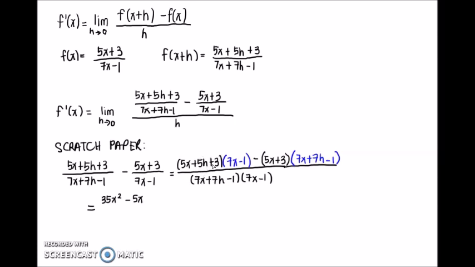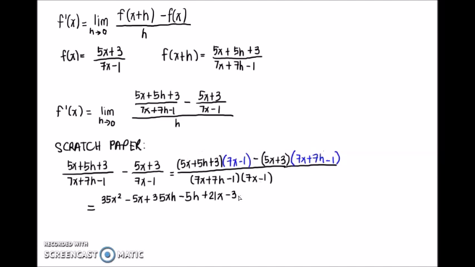So, 5h times 7x, that will give us 35xh. And then, 5h times negative 1, it will give us negative 5h. And then, lastly, we will distribute 3 to both of them again. So, this will give us 21x minus 3. So, tapos na tayo sa first, meron pang pangalawa.